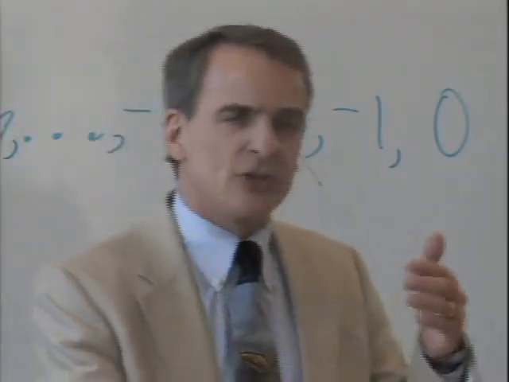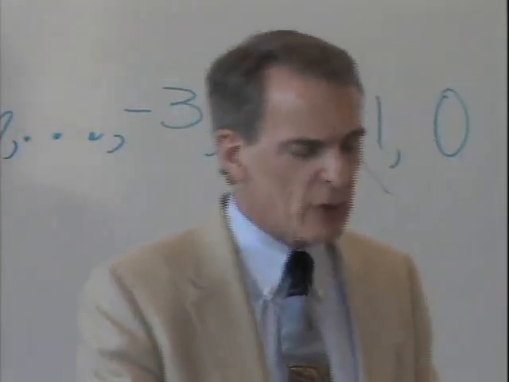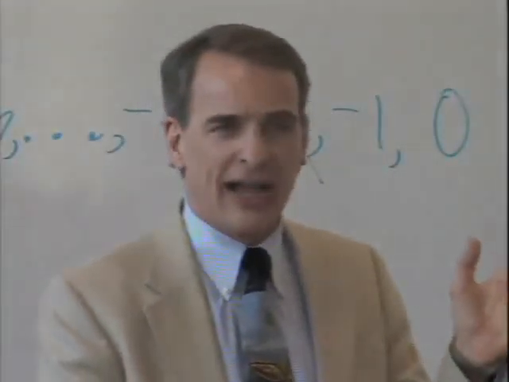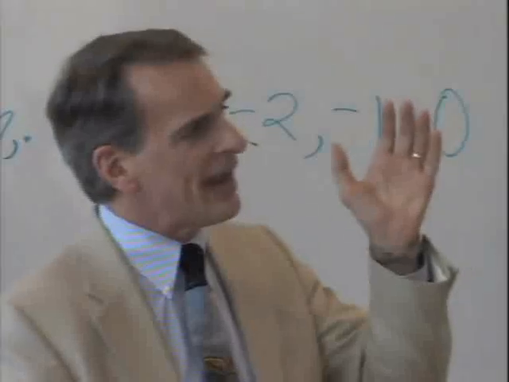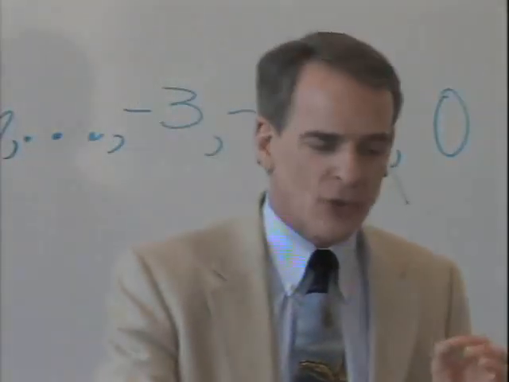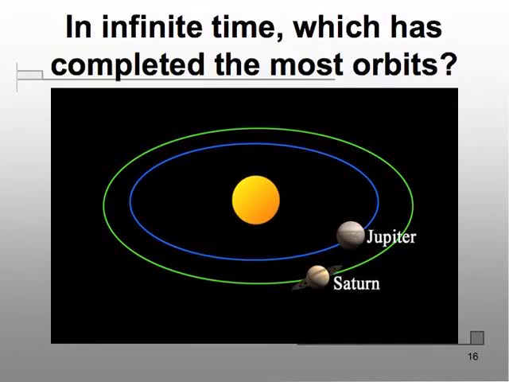If they continue to orbit forever, they will approach a limit at which Saturn is infinitely far behind Jupiter. Of course, they'll never actually arrive at that limit. But now turn the story around. Suppose Jupiter and Saturn have been orbiting the Sun from eternity past. Which will have completed the most orbits?